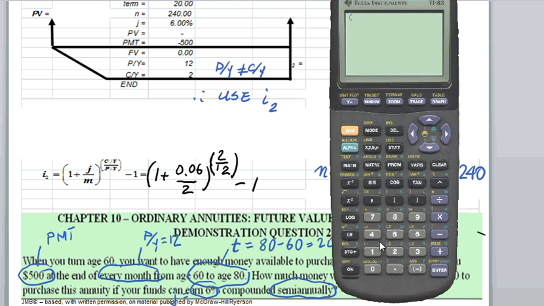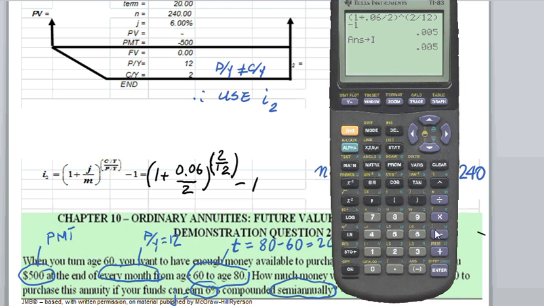You could open a bracket and then 1 plus 0.06 divided by 2, and then right bracket, then the exponent, left bracket, 2 divided by 12, right bracket, and then minus 1 and enter. Then alpha, store, and then alpha, x squared, so that's under I, so you can be storing under I, and enter.